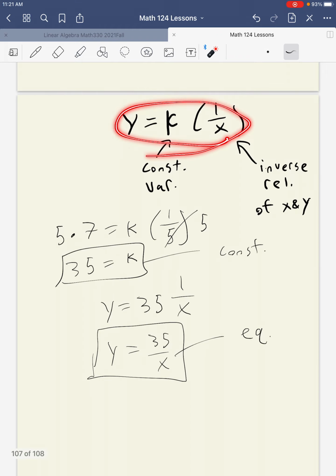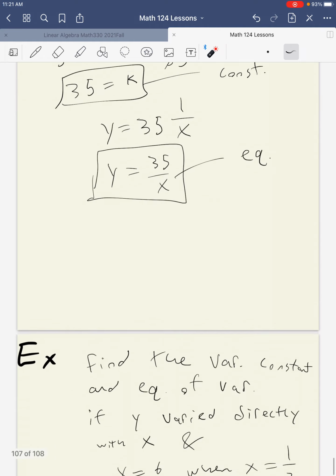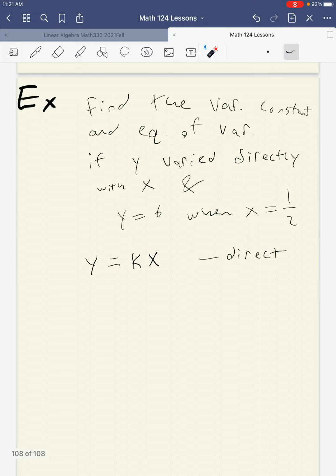Whereas here, y and x are varying in an inverse sort of way. As we plug in bigger numbers for x, it's going to make this side smaller because we had this inverse relation. But now, when we plug big numbers in here, this side will also get bigger. It's directly related to each other.